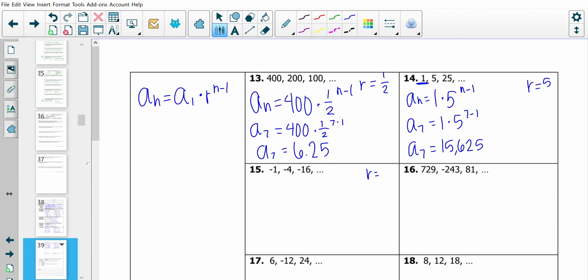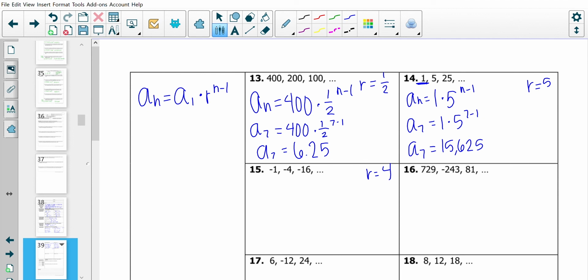I just wanted to know what the r value was. Oh, it's 4. It's positive 4. Negative 4. I say it's negative, it's negative. Okay, we'll see how that math works.